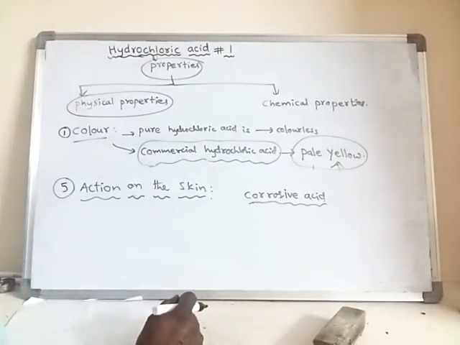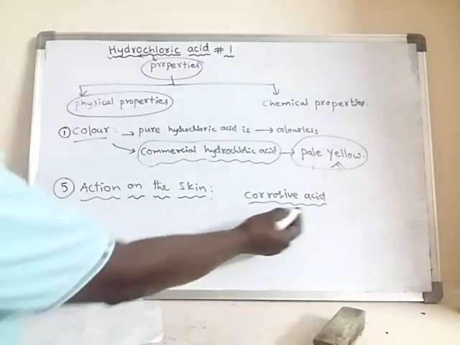Corrosive acid means which damages the skin layer by layer. Several layers of the skin are damaged: first layer, after that second layer, and after that third layer. So damaging of the skin takes place layer by layer.